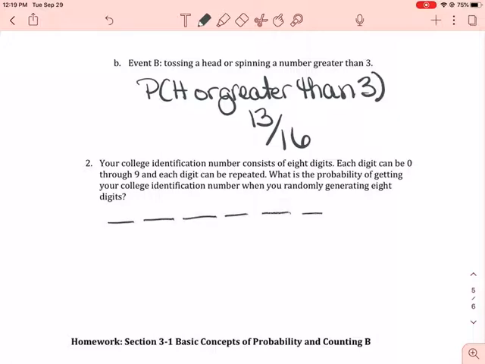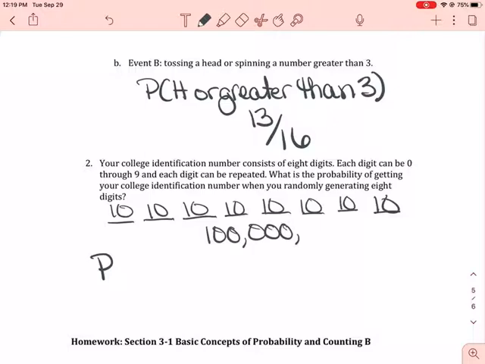So we have 8 digits. Each one has 10 choices. So we're going to multiply them together, hence the fundamental counting principle. So that's what? 1 million, 100 million?